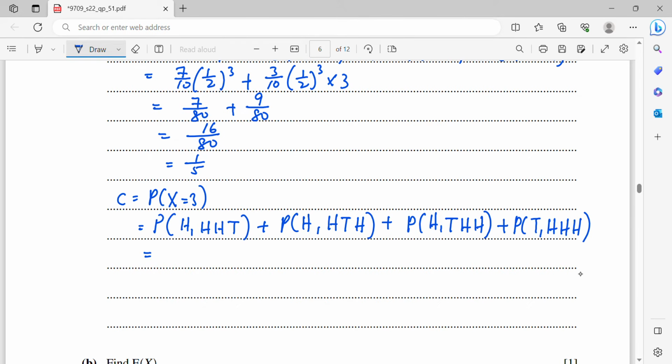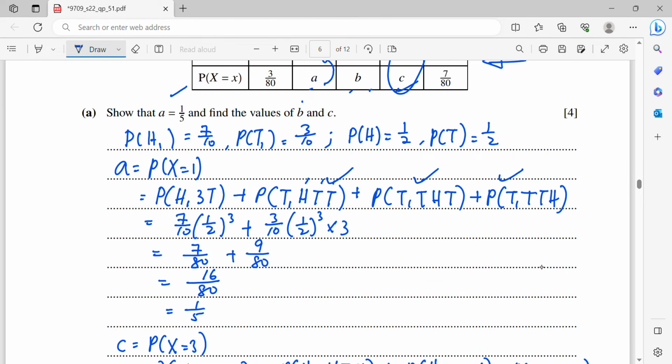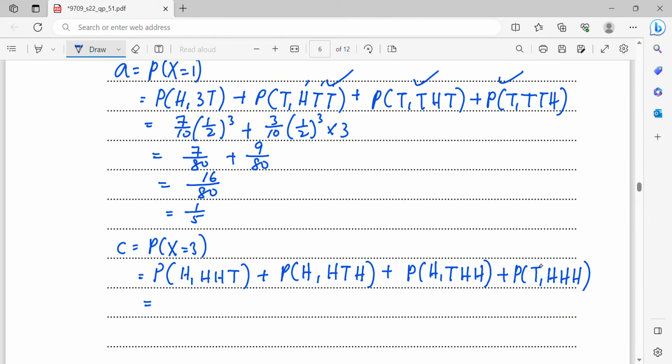So now, PH1 is 7 over 10. Then PH is same as PT for the fair coin. Therefore, it's half to the power 3. And again here, you get H1, H1, H1, followed by 2H, 1T. Here also 2H, 1T. Here also 2H, 1T. Therefore, I can just times 3, because they will be the same for the first 3 probabilities. Now, plus, the next one is PT1.